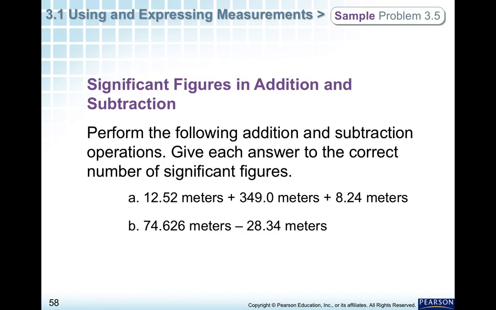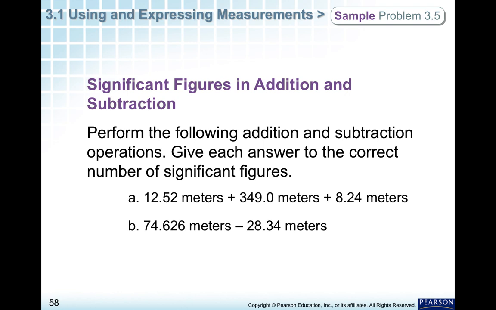So when we add and subtract numbers, and we have different numbers of significant figures in each of the calculations, we look at the column or the place value that that number has. So for A, I know 2 digits for the 2 decimals for the first one, only 1 for the second one, and 2 for the third one.